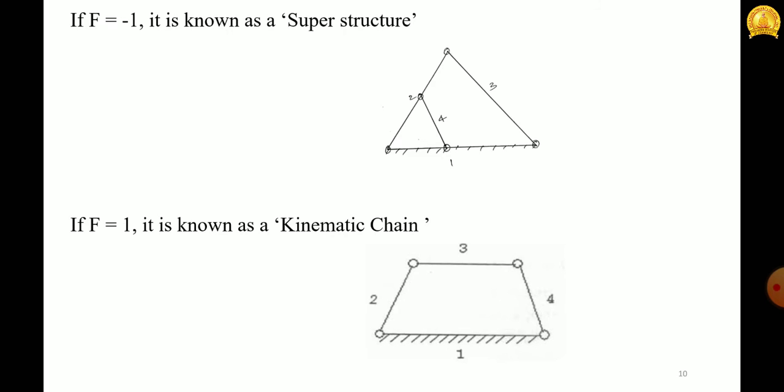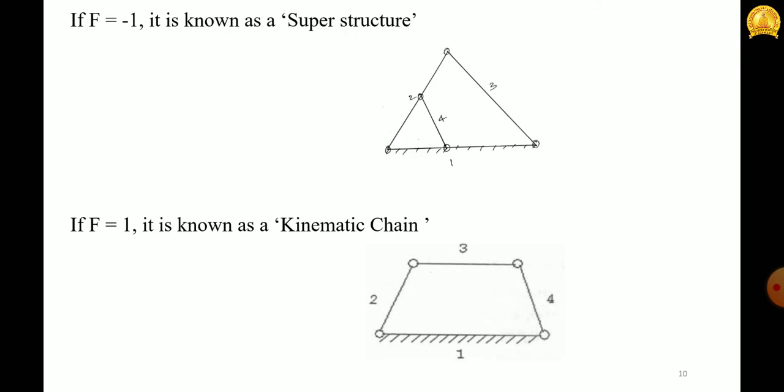Now, moving to the next figure, here L is equal to 4, J is equal to 5, and there are no higher pairs, so H is equal to 0. Substituting these values, we get F equal to minus 1, and such a system is known as superstructure.